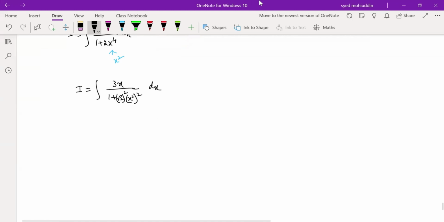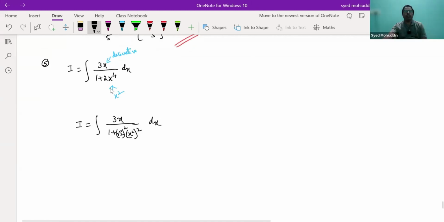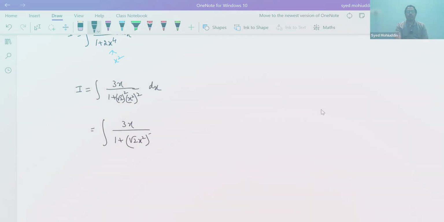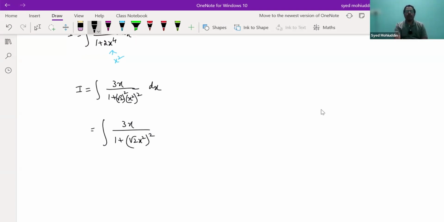Yes, I can't just write x power of 4 as a whole square. Along with that, I have to take 2 also under consideration. So if you rewrite this, it becomes integral of 3x by 1 plus root 2 x square whole square, times dx.